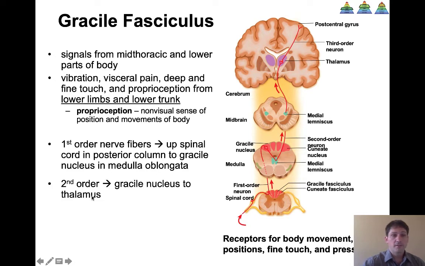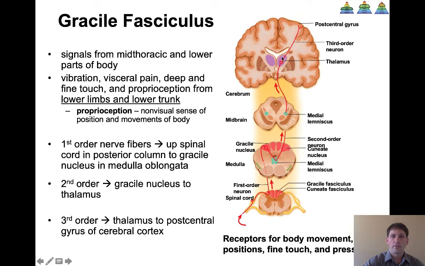From there, our second order neuron will pass from that region in our medulla oblongata up to our thalamus in our brain, our relay center, and from there we can see that it synapses with our third order neuron that transmits that signal to our post-central gyrus, or our somatosensory region in our brains.